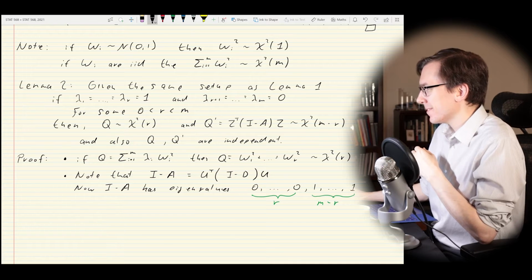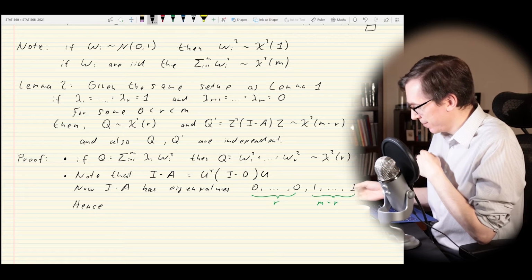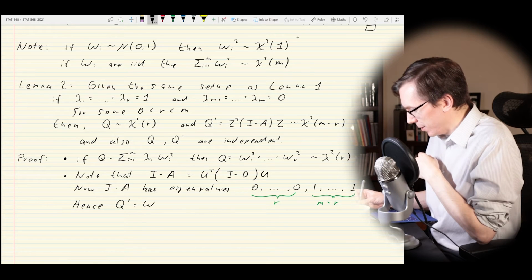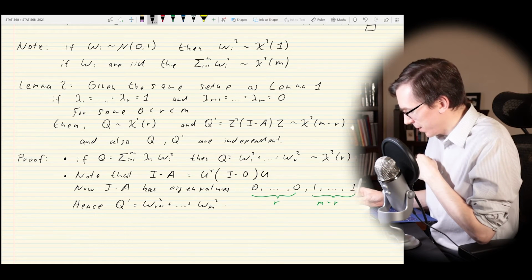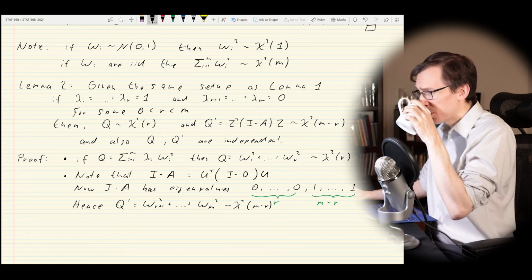Hence, Q prime is just going to equal W_{R+1} squared through W_M squared, which is going to be chi-squared with M minus R degrees of freedom. Okay, great.